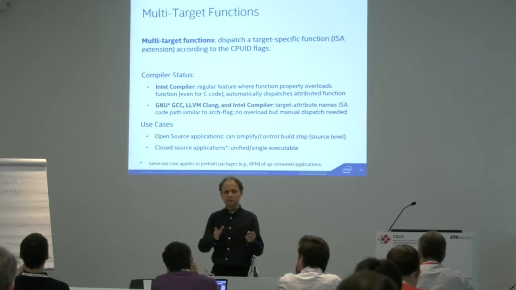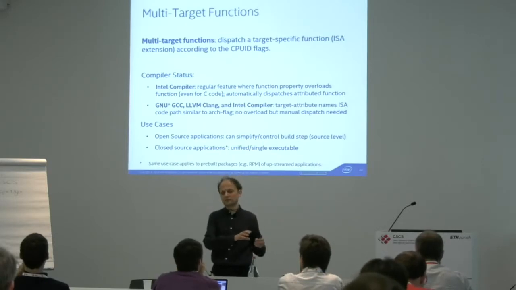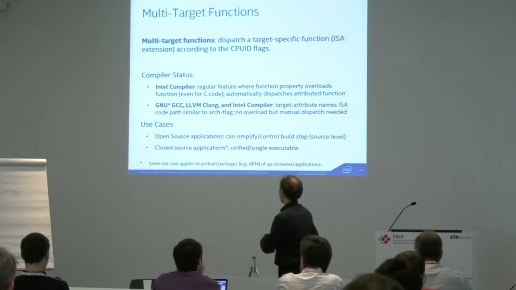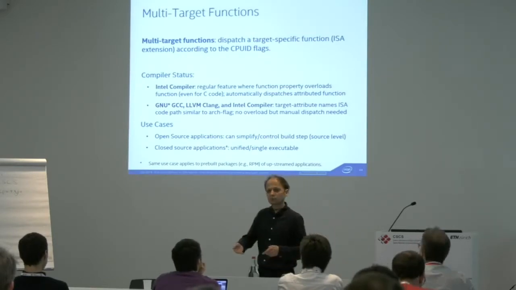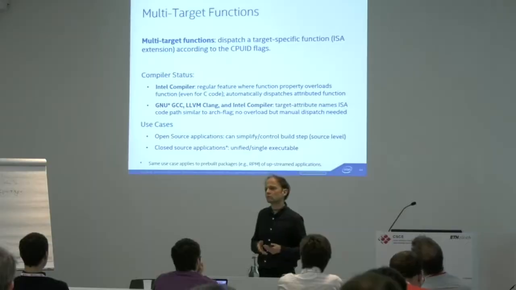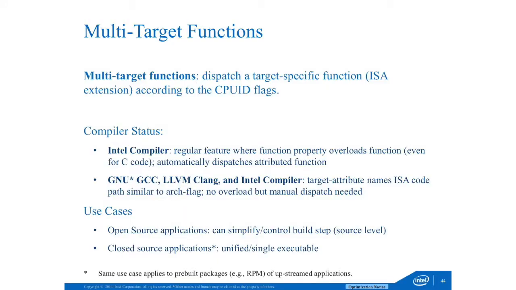Some compilation environment which doesn't apply target flags still gets optimized functions according to the best code path according to CPU ID. I think this is worth looking at, at least as a library writer.